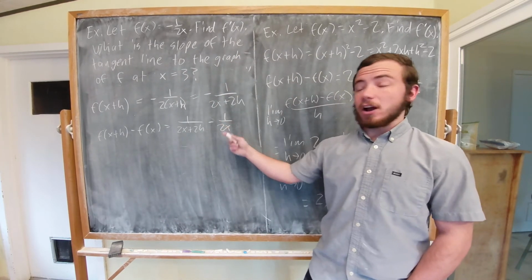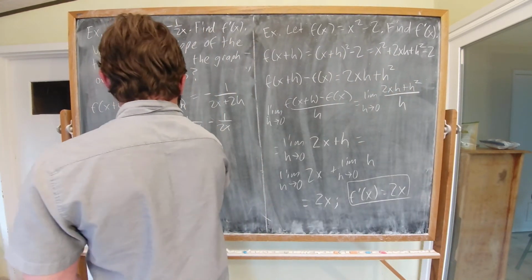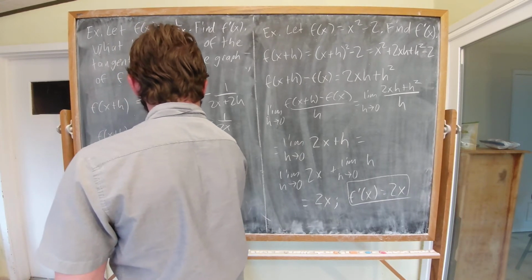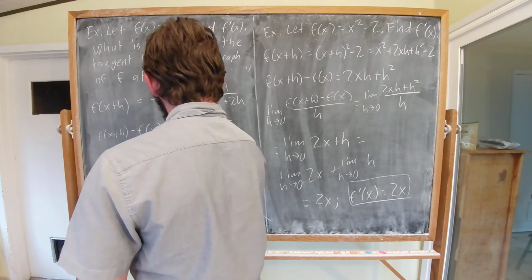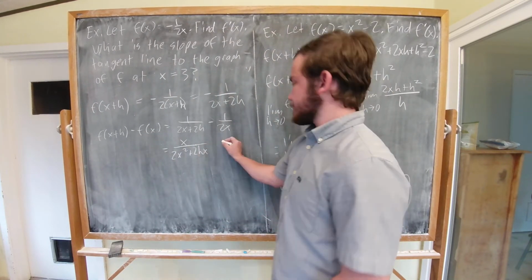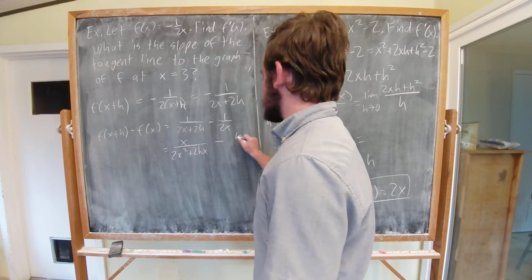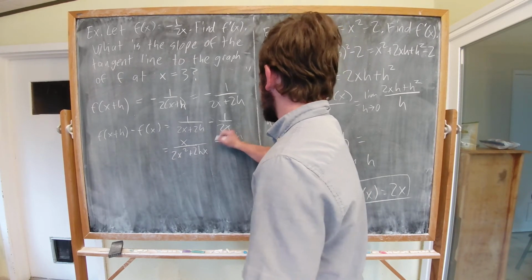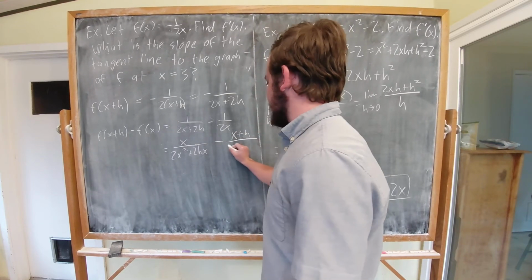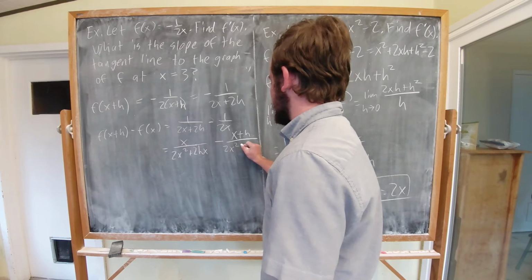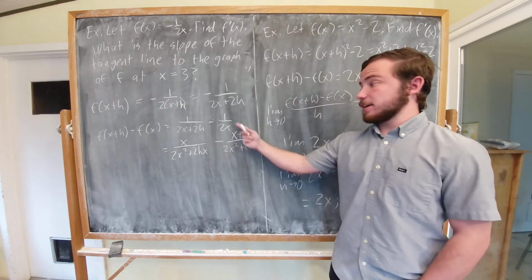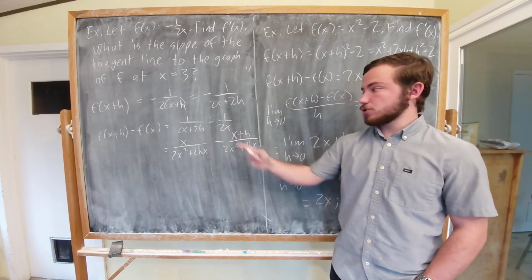Let's get ourselves a common denominator. This is x over 2x squared plus 2h times x. So I multiplied the top and bottom by x here. Minus x plus h divided by 2x squared plus 2hx. So I multiplied top and bottom by x plus h right here.